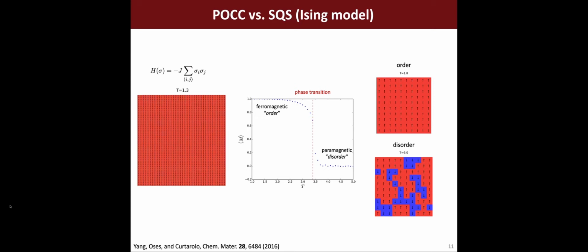As we turn up the temperature, there's going to be some probability that these spins flip. And that spin flip is going to disrupt this magnetic ordering. So if we look at the average magnetization, how likely is it if we look somewhere in the material that we see that spins are correlated up? We see that there's going to be a big phase transition with temperature, where at some point we have a ferromagnetic ordered system.